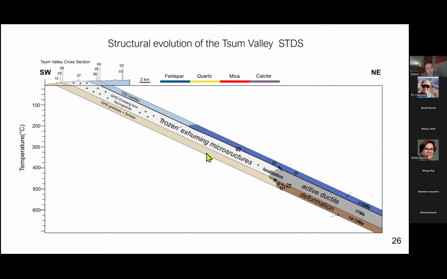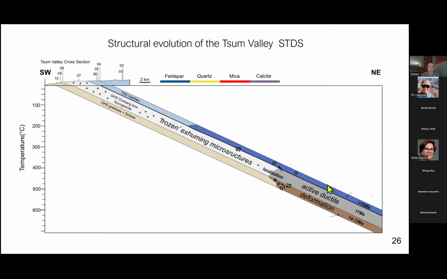The colored zone in the center of the diagram is extended out from the cross section, and this represents the high strain zone of the cross section, down into higher temperatures. These dark shaded regions represent the temperatures for which we have evidence for active ductile deformation at each structural level.